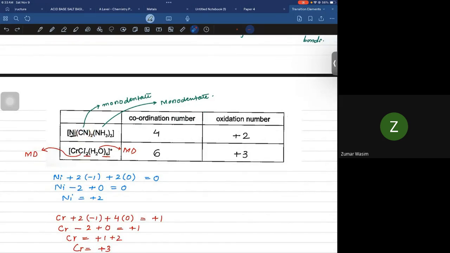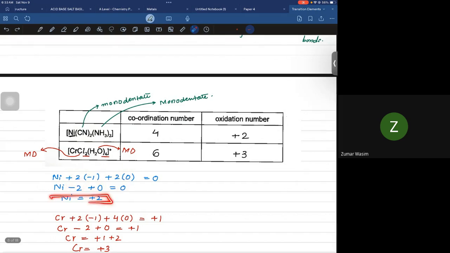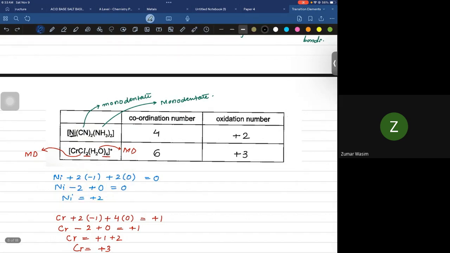Each Cn is -1. क्योंकि I told you in the list of negative ligands, the example was cyanide, like Cn minus, and ammonia, it was a neutral ligand, means this is 0. So -2 and 0, it's equal to 0. So nickel is equal to +2. This is the charge of nickel in this complex. Okay, in this way you can calculate the charge of nickel.